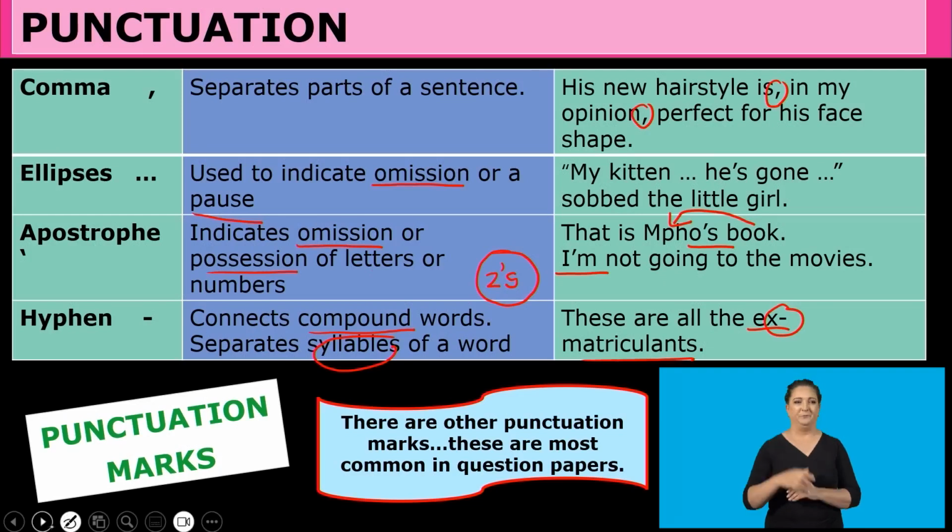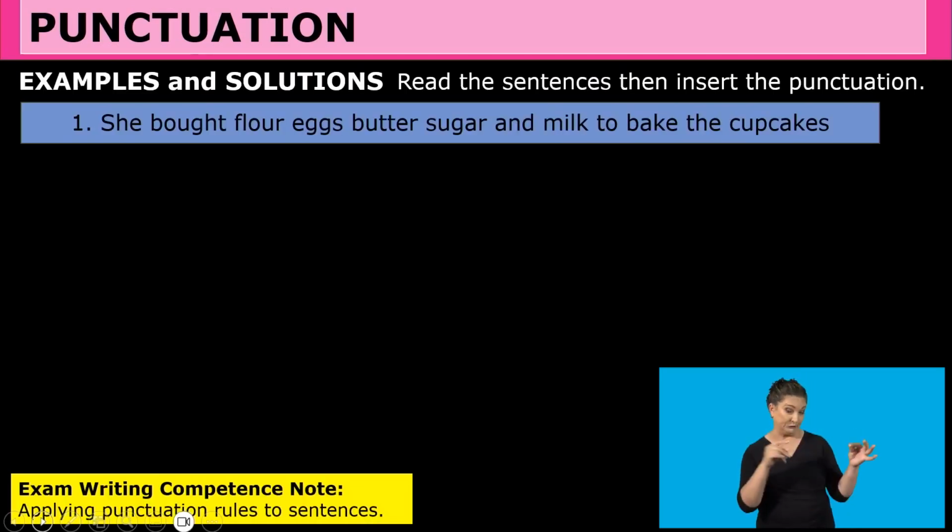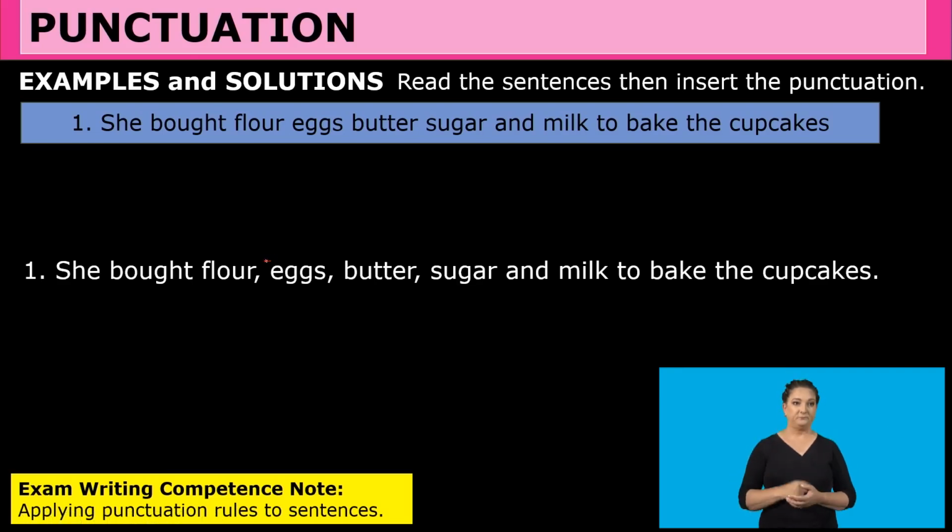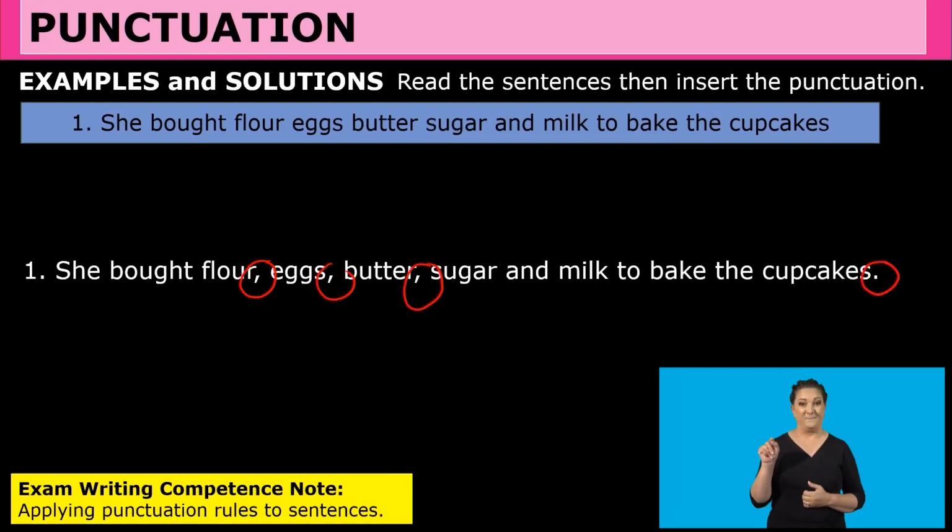Okay, now let's see if we can use some of these in sentences. She bought flour, eggs, butter, sugar, and milk to bake the cupcakes. In your response, take note of the commas because it's indicating that there are parts that need to be separated, okay? Watch the inclusion of your full stop because it's a statement sentence, all right?